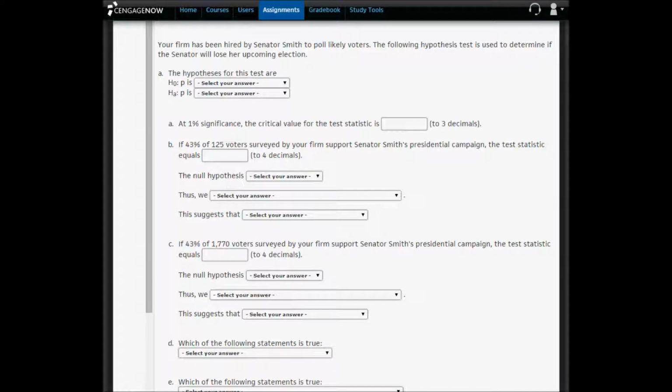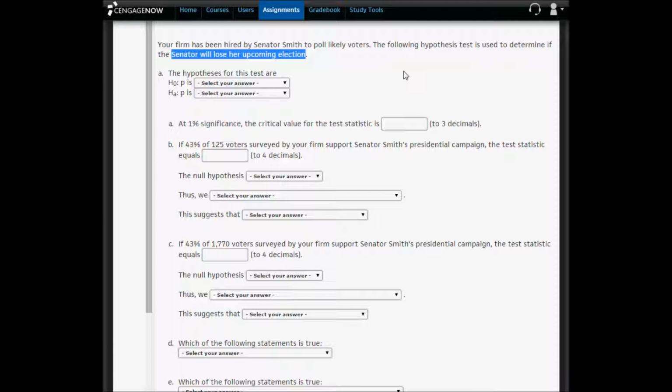In problem 9, we're going to perform a one proportion lower tail test. And the reason why this is a lower tail test is because in this statement, you want to know if the senator will lose her upcoming election.